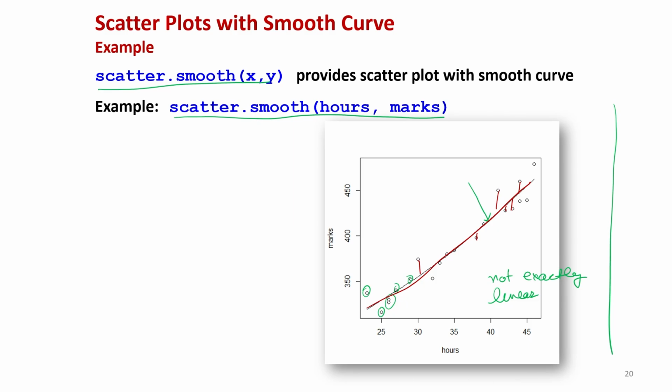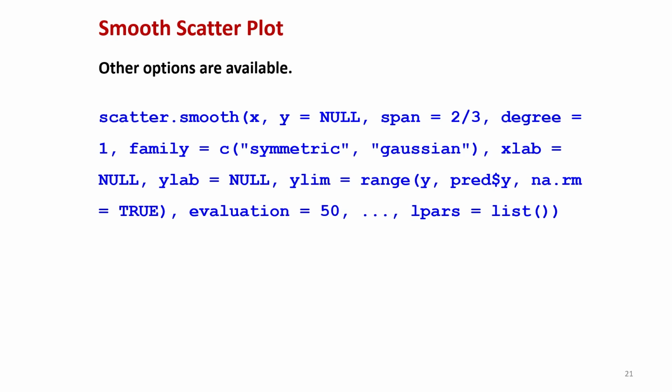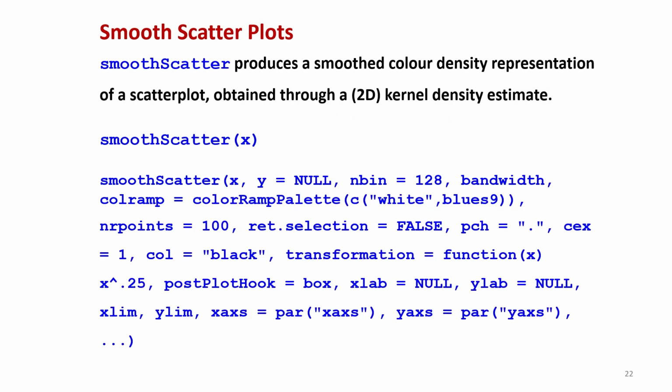That will give you an idea about the strength of this relationship, right? And as I told you, there are different types of options available, for example span, degree, family, x lab, y lim, and then evaluation, and so on. I will leave it to you to look into the help menu and expand on it.